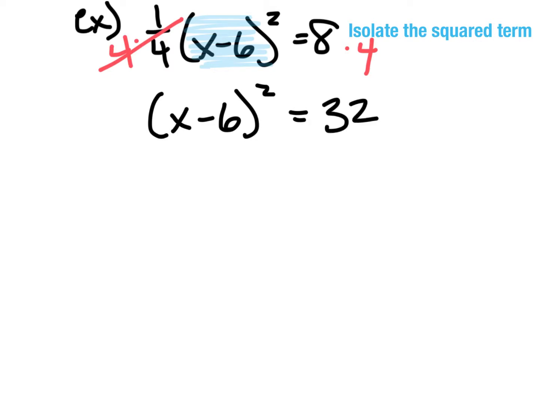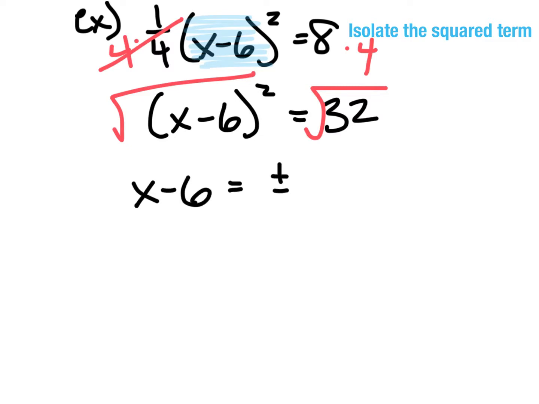Now that I've got the squared term by itself, I'm going to take the square root of this entire term. So now the square root of x minus 6 squared, that really just knocks that squared off. x minus 6 is equal to plus or minus the square root of 32. Now I'm going to get my x by itself.